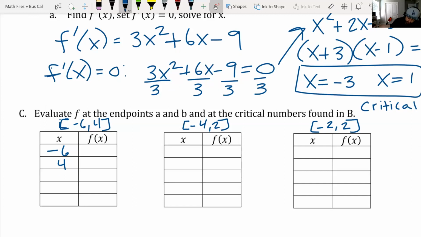So I'll put them in here, -3 and 1. If you want to put them in order, you can, in case it's all jumbled out of order. Doesn't matter though, as long as it's just the endpoints and the critical numbers. And make sure your critical numbers fit in that interval, which ours do. -3 and 1 fit in this interval, -6 and 4.